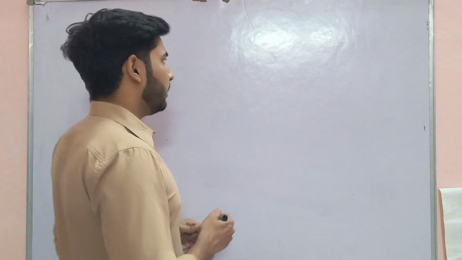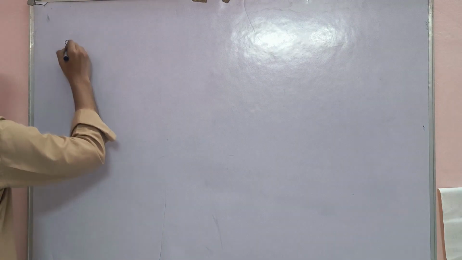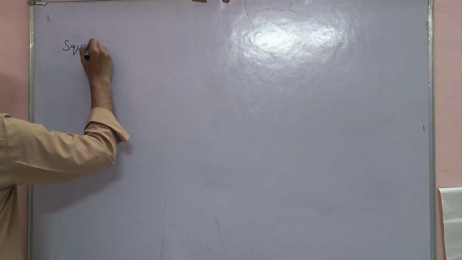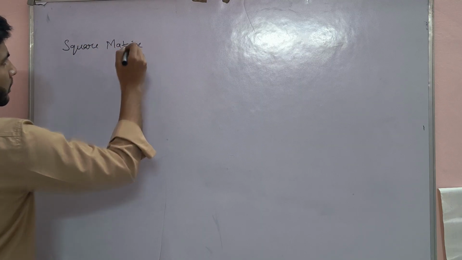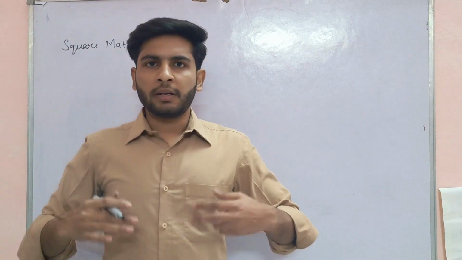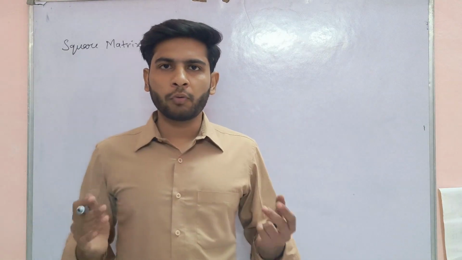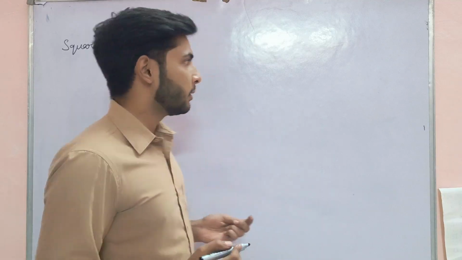Now we will see the classification of matrix. There are different types of matrix: horizontal matrix, row matrix, diagonal matrix, square matrix. Now we will study the square matrix. A square matrix is a matrix in which the number of rows is equal to the number of columns.